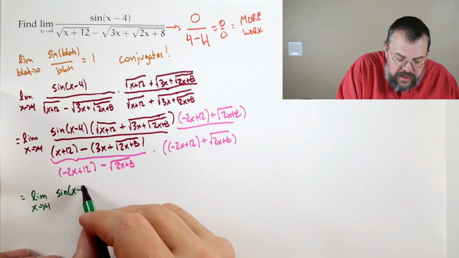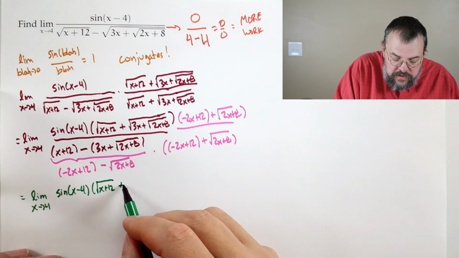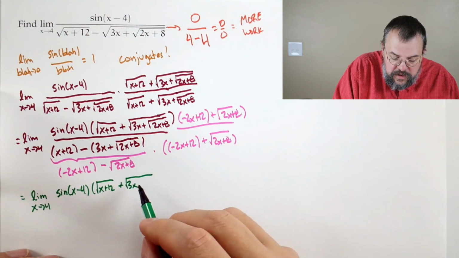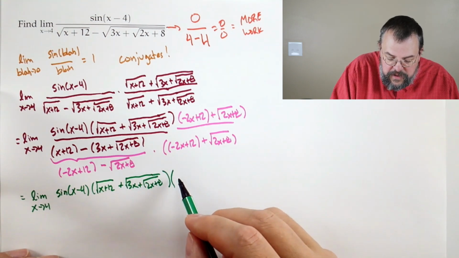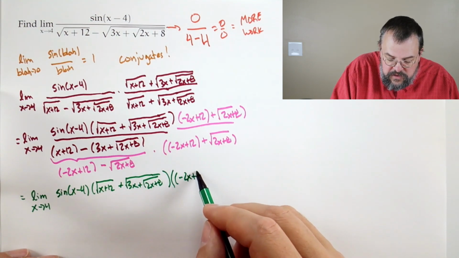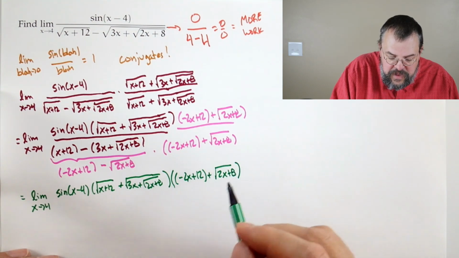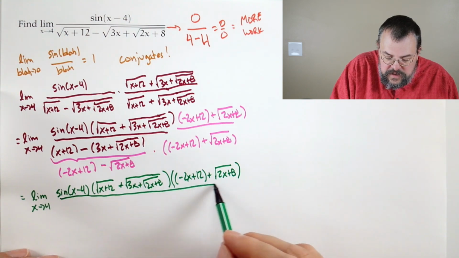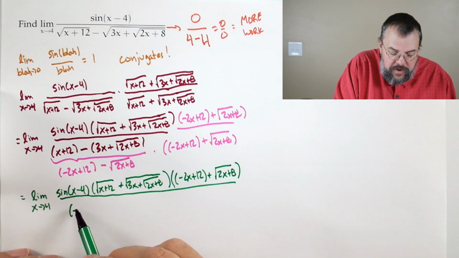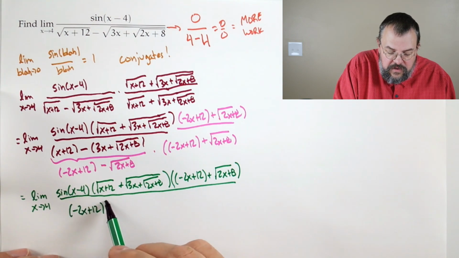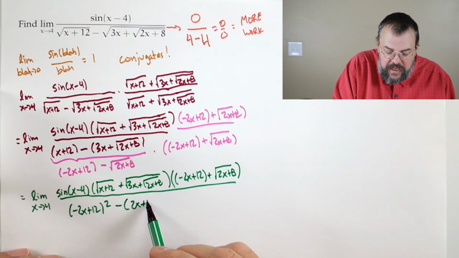So sine of x minus 4, square root x plus 12 plus square root 3x plus square root 2x plus 8. And then we have a new piece, minus 2x plus 12 plus the square root of 2x plus 8. And downstairs, okay, so a squared, minus 2x plus 12 squared, minus b squared, so minus 2x plus 8.